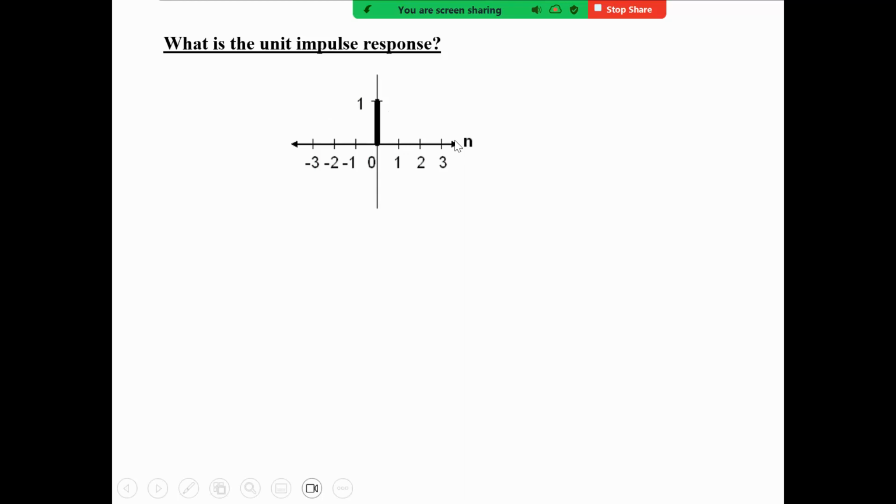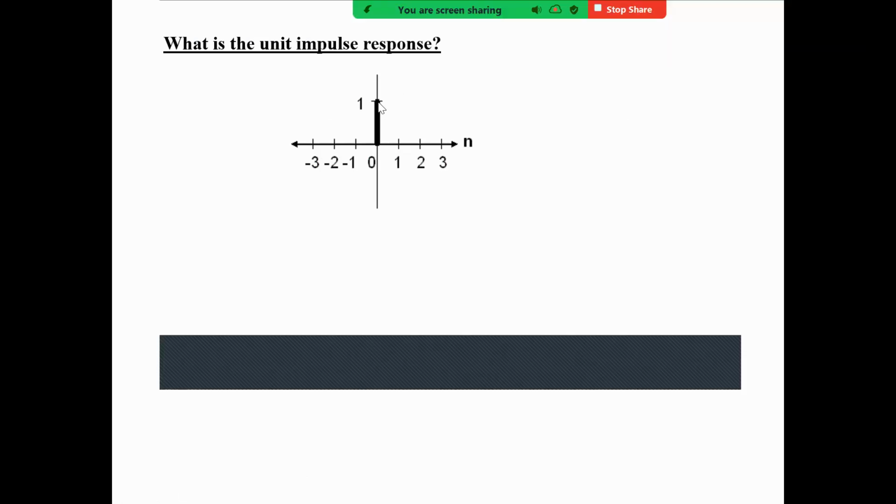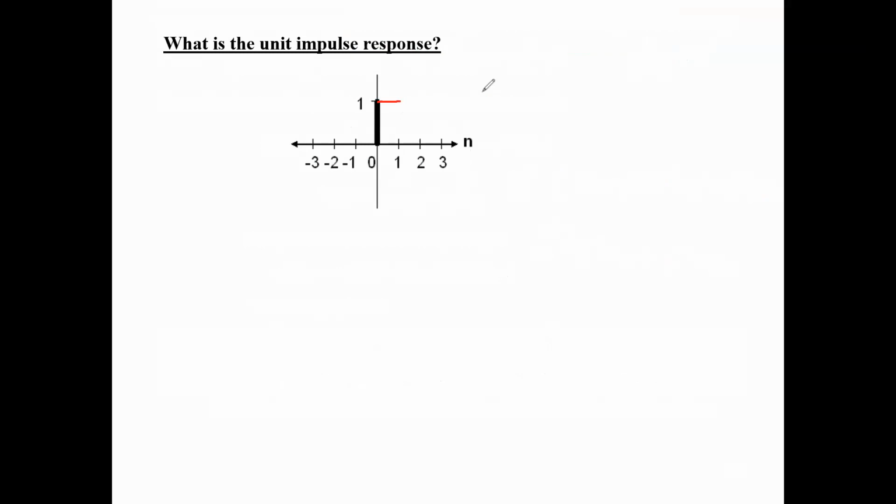In terms of the analog signal, if we use the zero order hold to get the continuous time signal, it means you convert into continuous time: from 0 to 1, you have a constant 1, right, and 0 elsewhere. That will be the continuous time signal. Okay.